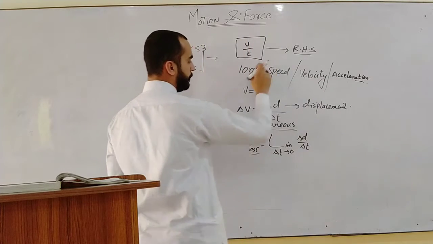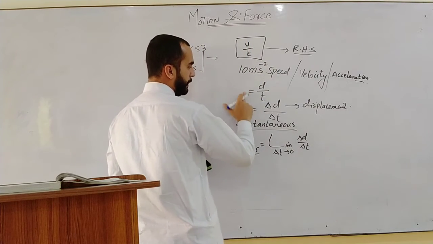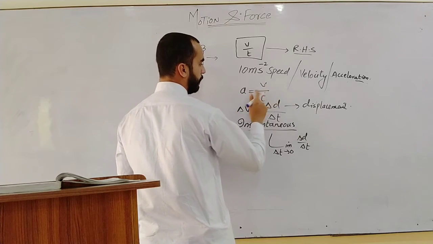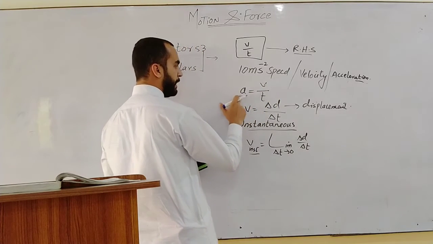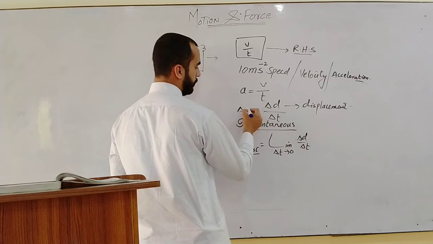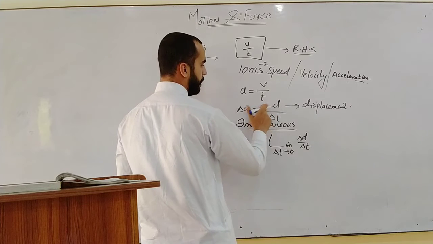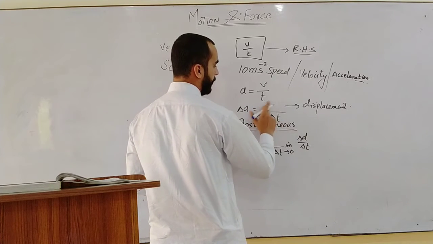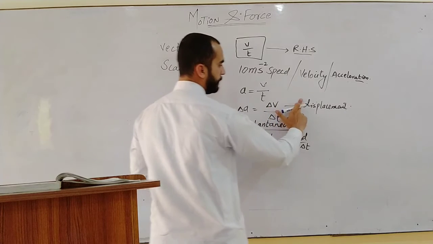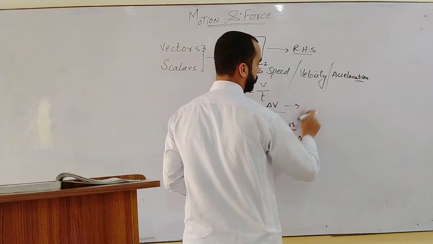As it is an acceleration, it is said that acceleration is equal to rate of change of velocity. So its formula will become A is equal to V divided by T. So delta A, the rate of change of acceleration, will become delta V divided by delta T, and V is called velocity.